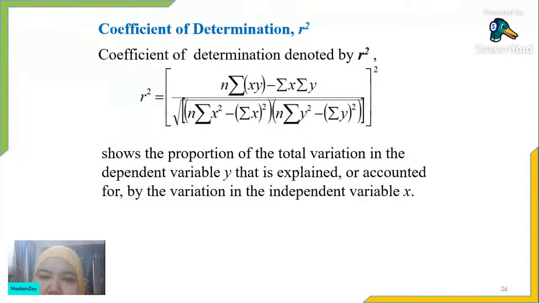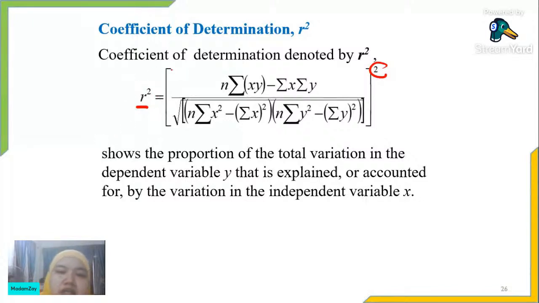And then we have to square this value. So for the representation of the coefficient of determination, which is R squared, we just have to find the coefficient of correlation and then square it.